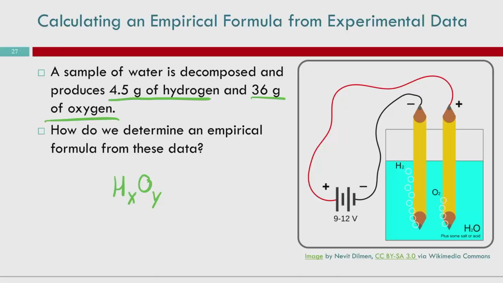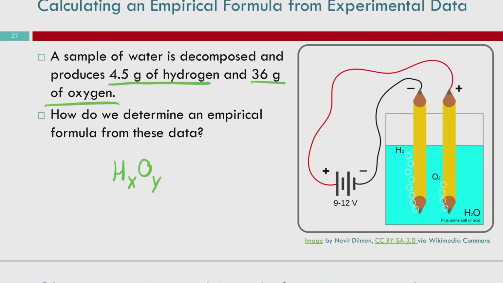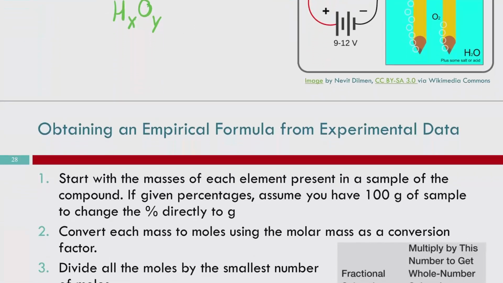We don't know how many of each we're going to have, but they should be a countable amount. So we're going to need to convert our grams. What can we convert grams to? Moles. We can convert it to moles using molar mass. And that's what we're going to do. And we've got the steps written out on the next slide.